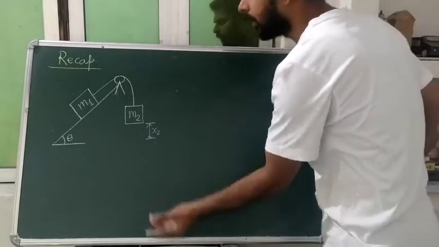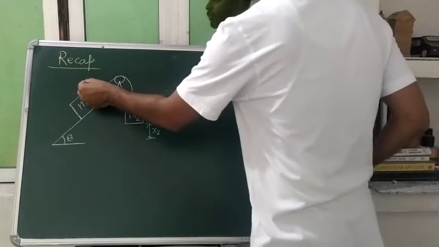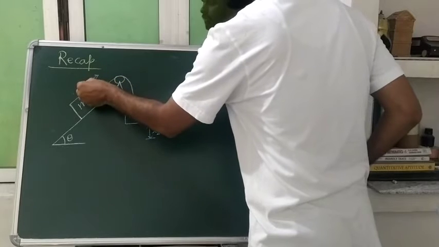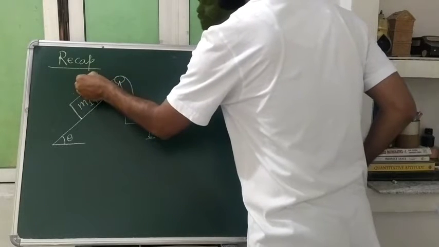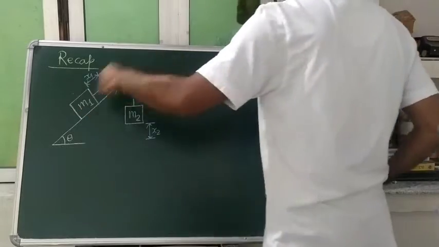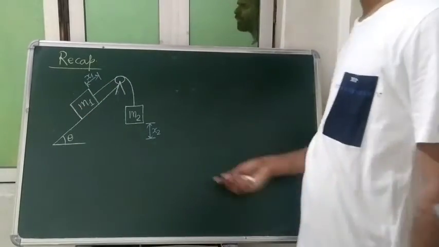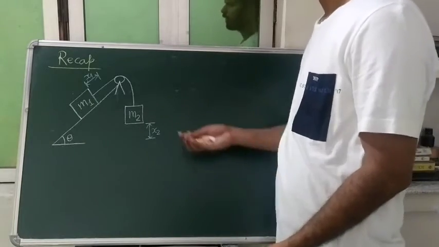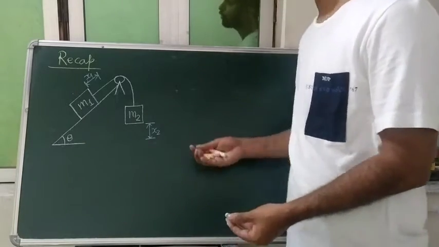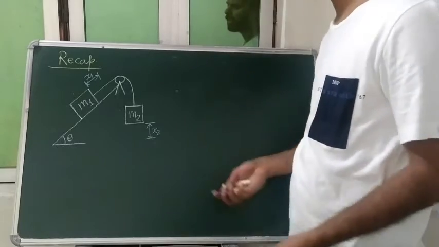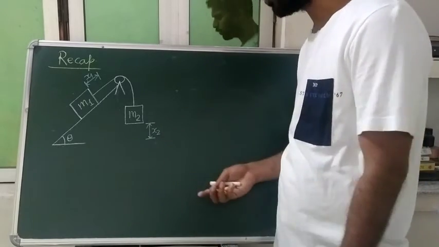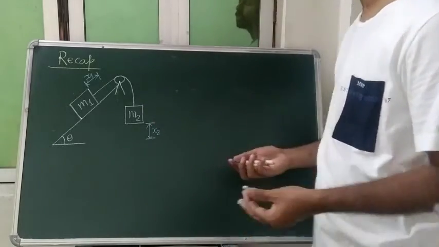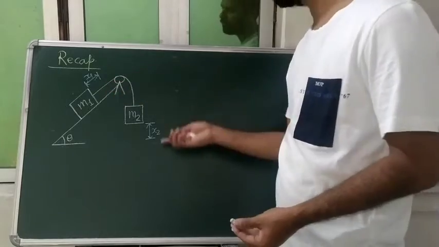If you are saying it is going x2 distance downward, and if this one is going x1 distance in this direction, then since the string is inextensible, the length of the string is not going to change. So of course x1 will be equal to x2, since the length of the string is constant.